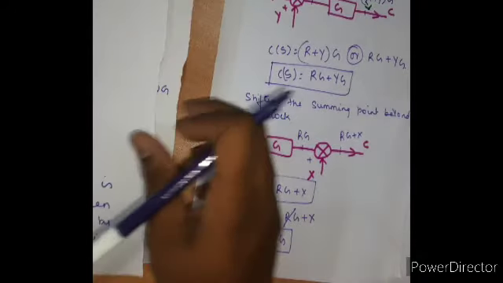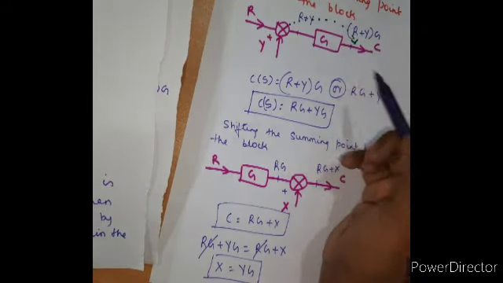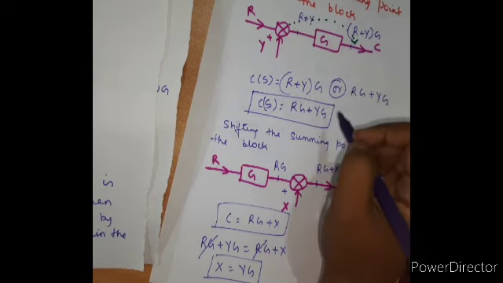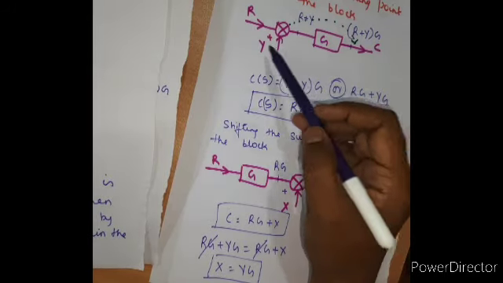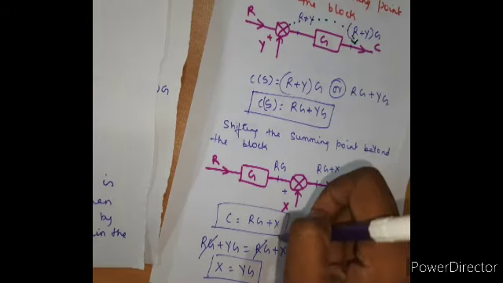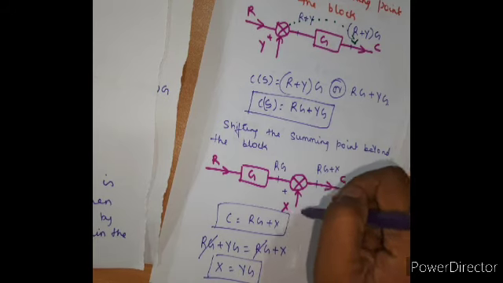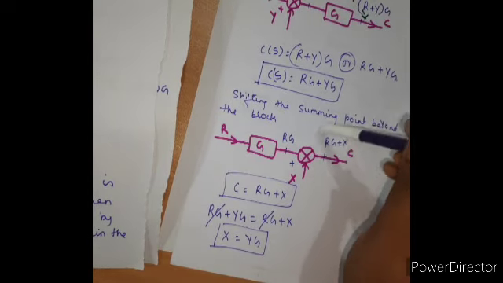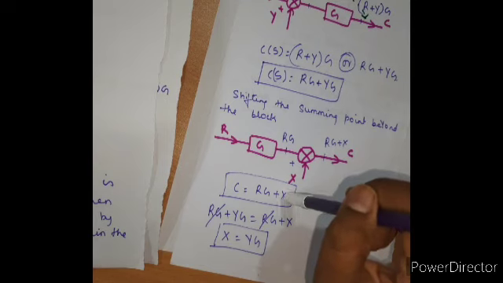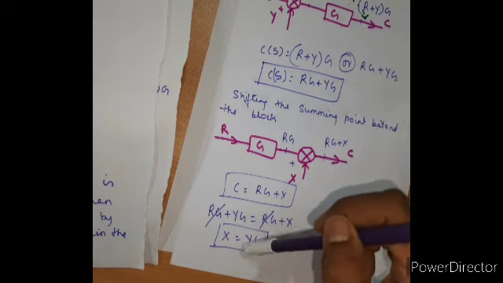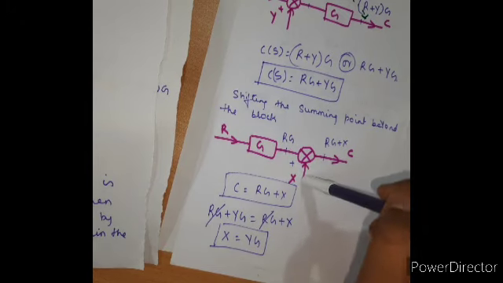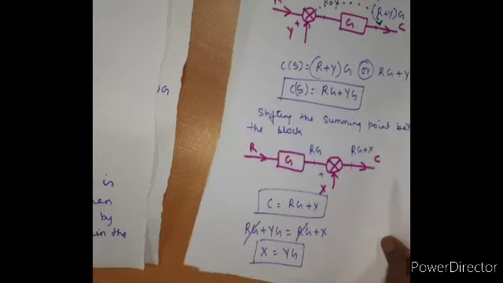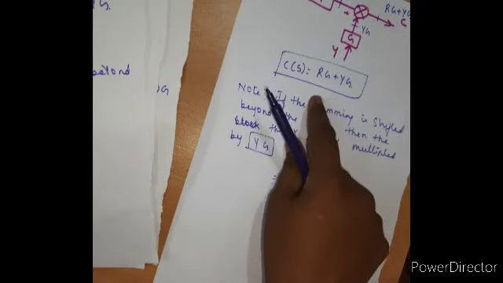Now if the summing point is shifted beyond the block, then before shifting, your summing point is here. Before shifting, what is your expression? That you should get even after the shifting. So after shifting, you check for the output. It is not same. So you have to multiply with another term such that the output will remain same. For that you equate both the equations, then you get a value for X. This X is now replaced by a block of gain Y into G. So if you do like that, your output will remain same.